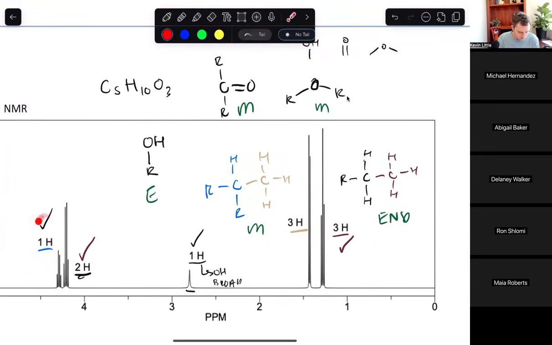My blue 1 hydrogen peak is pretty far downfield. He's probably connected to an electronegative atom because he's between 3 and 5. Likewise with this 2 hydrogen peak, he's likely connected to an electronegative atom.